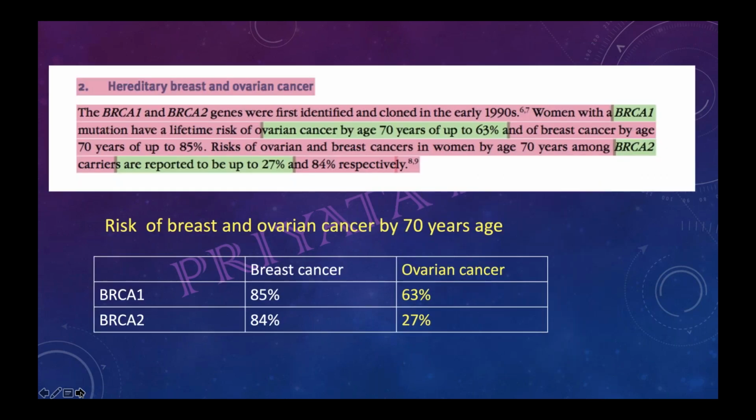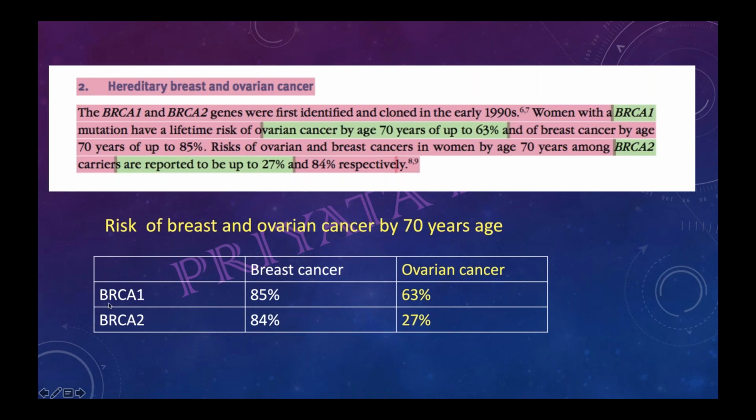Apart from this, you will get questions from here. Usually they will give you BRCA1. Why are we worried? Breast cancer can be there and ovarian cancer can be there. So what is the risk by 70 years of age?